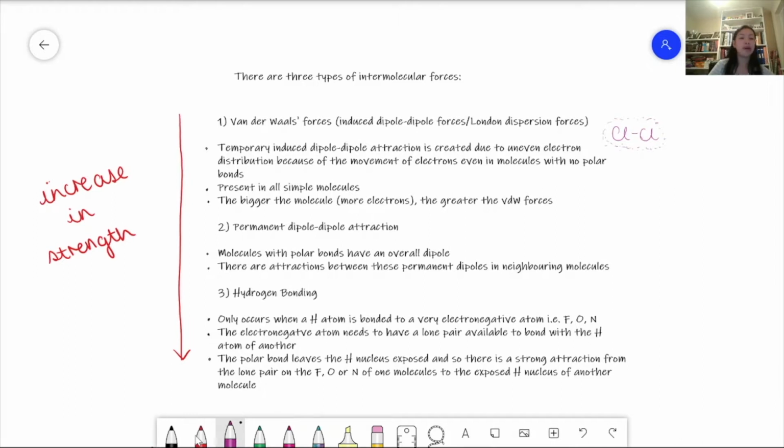If we then approach another Cl-Cl bond, which has even distribution of electrons again. So what would happen is that when it approaches, we have this Cl-Cl here, and another Cl-Cl here.